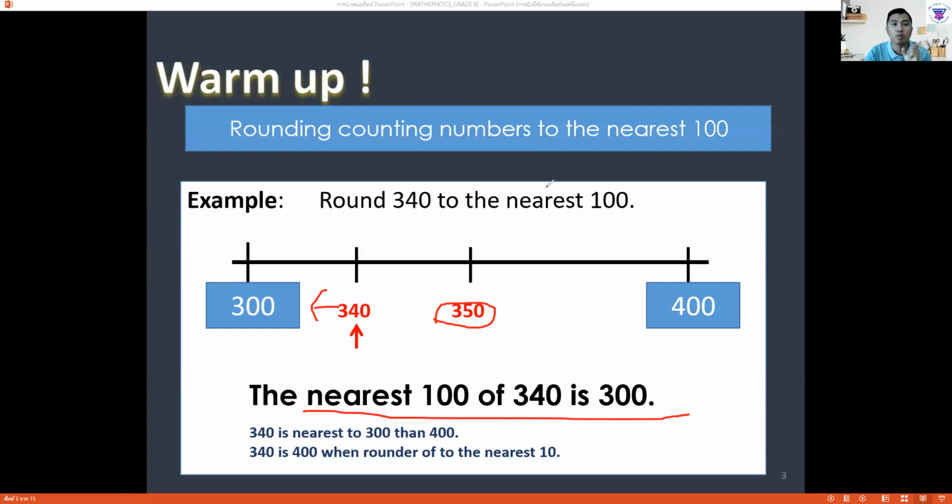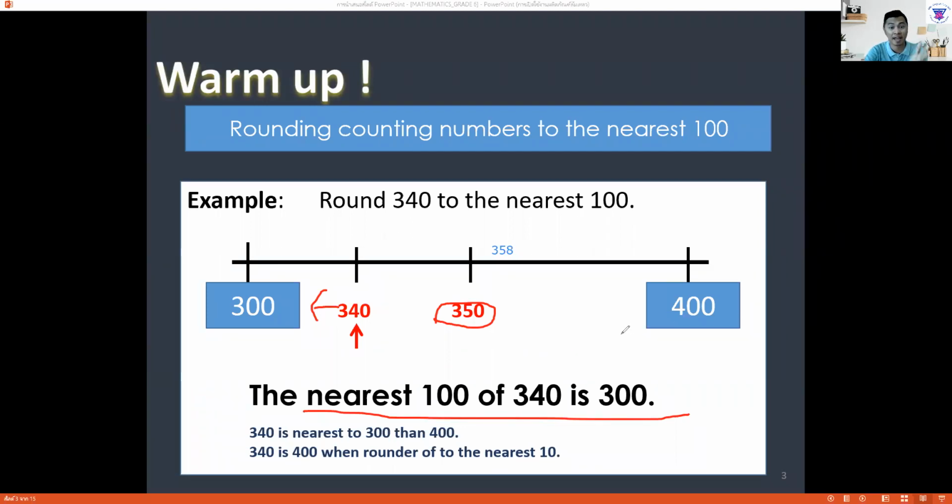Now, question, what if we round off 358? Okay, so let's round off 358. Now, round 358 to the nearest 100. What is your answer?